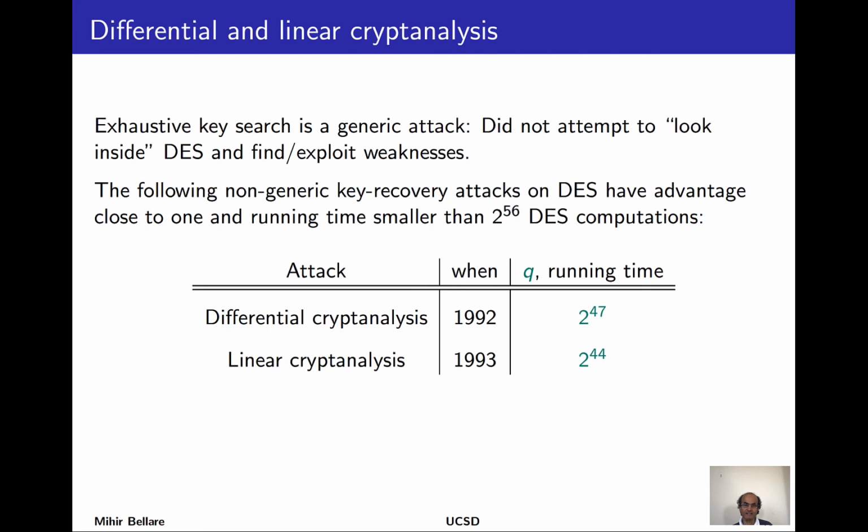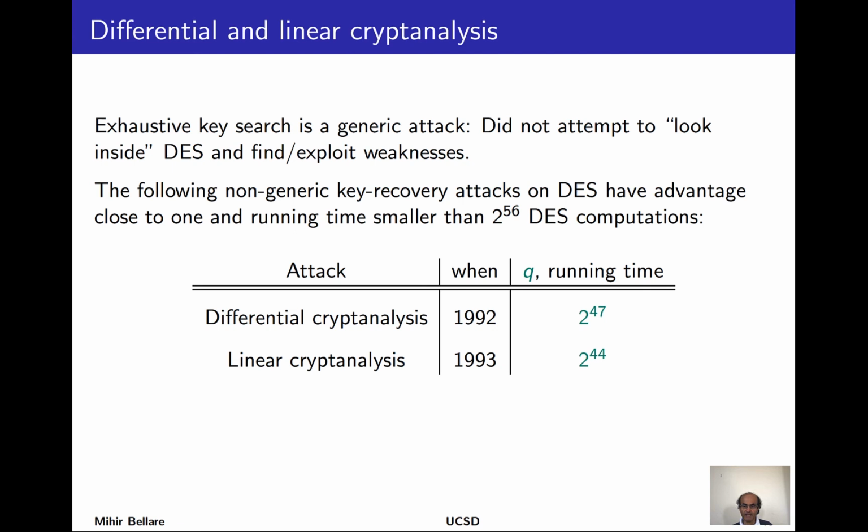So what are they trying to do? Remember that the time to beat is the 2 to the 56 DES computations approximately taken by exhaustive key search. 2 to the 56 is the number of keys, and so that's roughly the time for exhaustive key search. And the question is, can you do better by exploiting internals of the design?